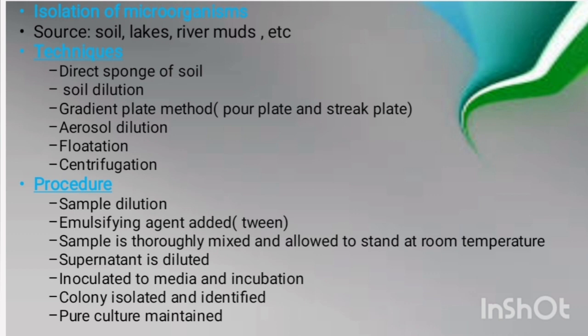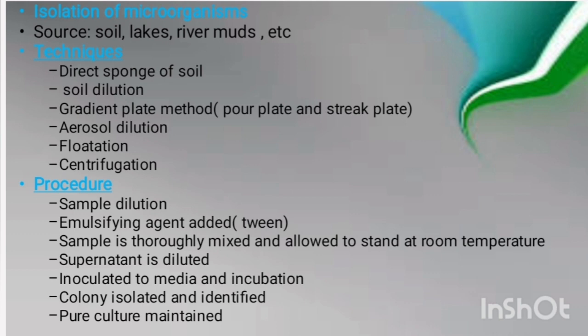1 gram of soil contains 10 raised to 6 to 10 raised to 8 bacteria, 10 raised to 4 to 10 raised to 6 actinomycete spores, and 10 raised to 2 to 10 raised to 4 fungal spores. A variety of complex isolation procedures have been developed, but no single method can reveal all microorganisms present in a sample.